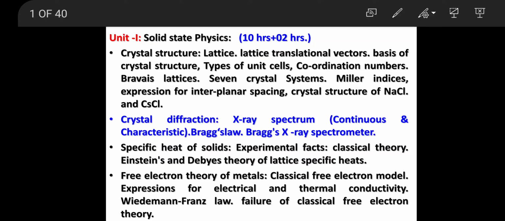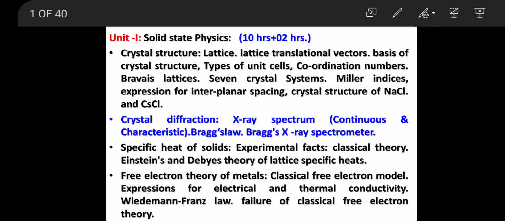In the first chapter, you need to understand what crystal structure is, that is crystallography, in which lattice translational vectors, basis of crystal structure, types of unit cell, coordination numbers, Bravais lattices, all definitions are there, and the popular 7 crystal systems, Miller indices, of course some calculations and some problems you have to work out, and the expression for interplanar spacing.